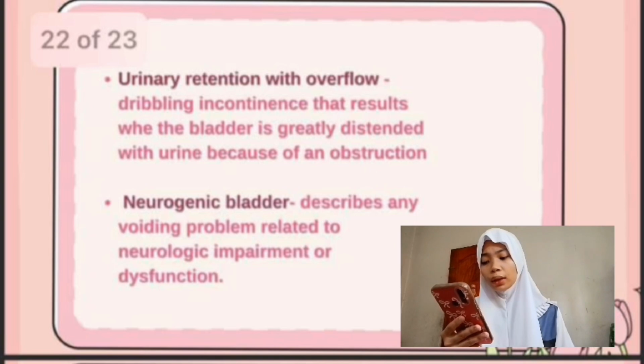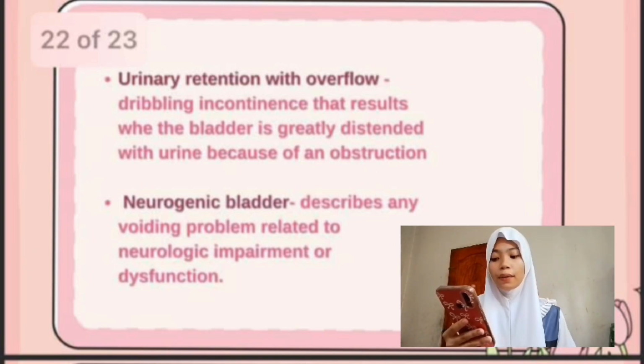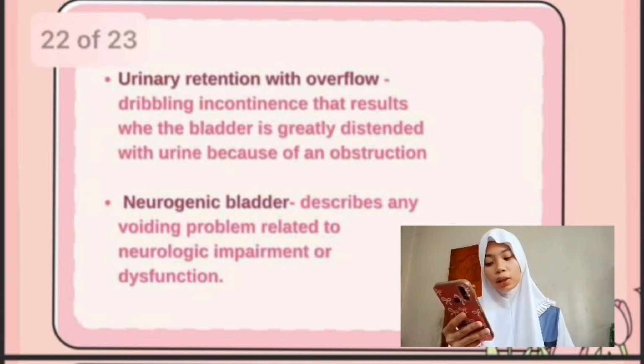So, treatment typically focuses on managing the underlying cause, preventing complications like UTIs or kidney damage, and restoring normal bladder function through methods such as intermittent catheterization, medications, bladder training, or in some cases surgery.